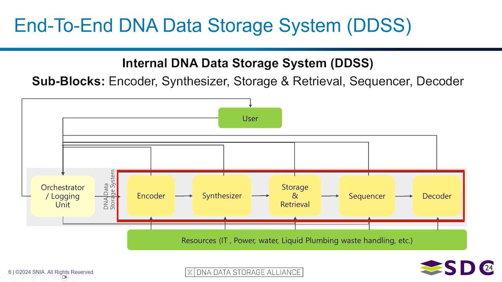This, of course, includes the regular power, IT, but since it is a DNA storage, this also includes some liquid plumbing and waste handling, since there are reagents involved in order to synthesize the DNA and read the DNA. My colleague here will also show how this liquid plumbing and waste management might be simplified in some of the implementations.